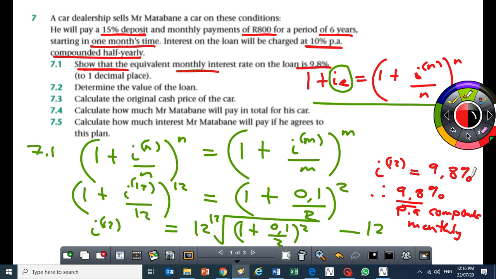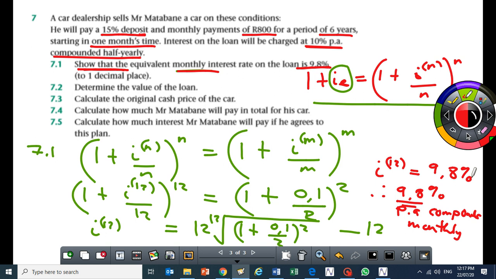It says determine the value of the loan. Now here it's asking you to determine the amount which was borrowed, the amount which was borrowed without interest. There is no interest as yet. But we want to know, after paying the 15% deposit, what is the value of that 85%? Okay?